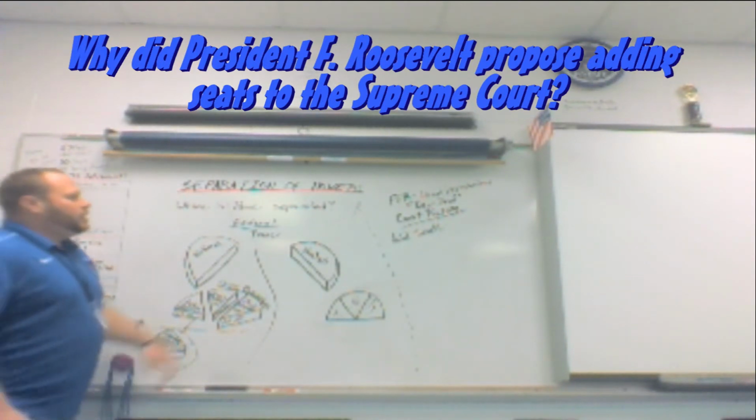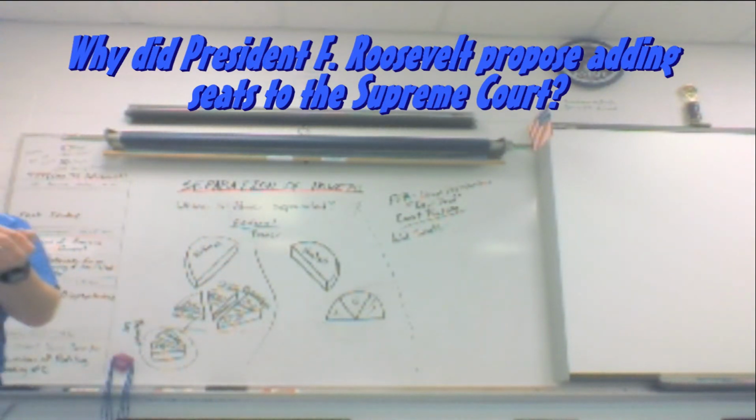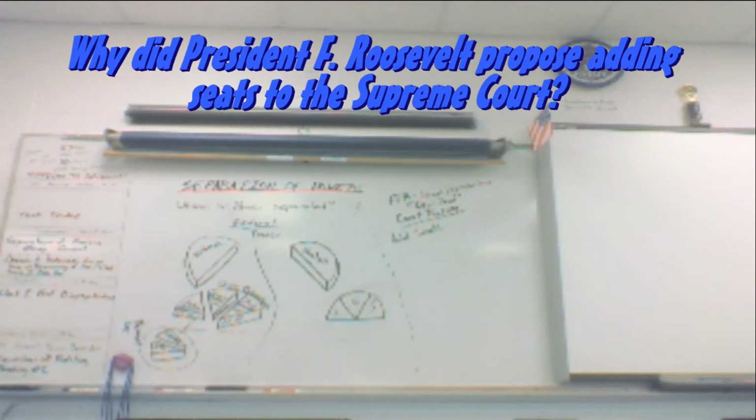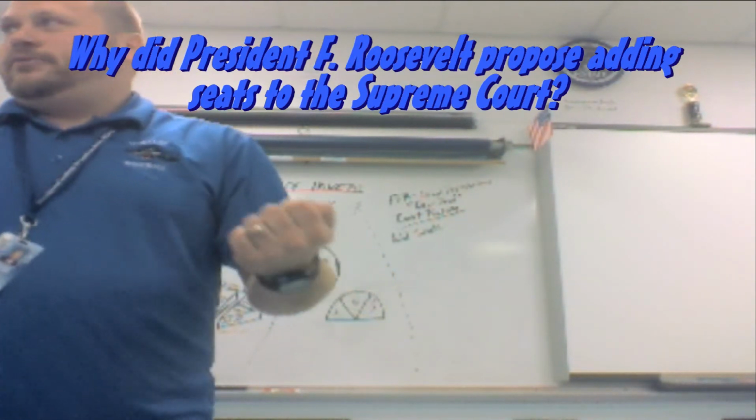Let's go back. In the New Deal, we're trying to fix the Great Depression, right? So, what FDR and the Democrats are trying to do is pass new laws to fix the problems of the Depression. Following?